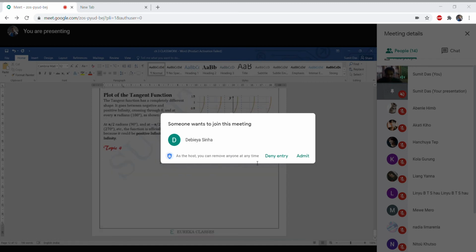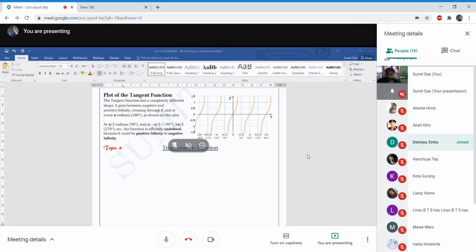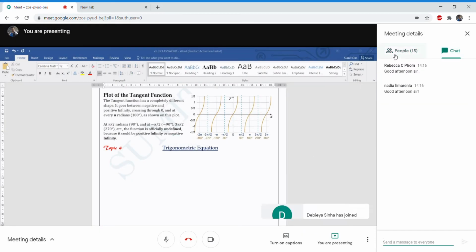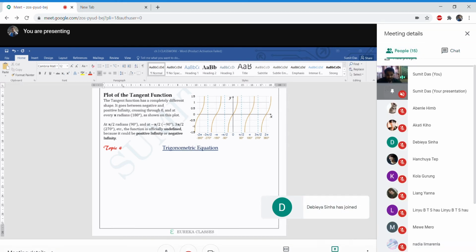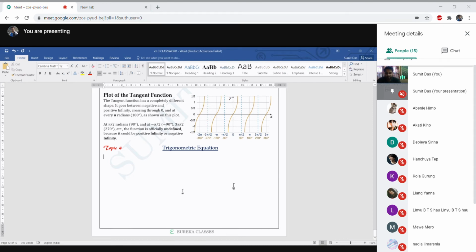Now today's class main topic is the trigonometric equation. Like other equations, like quadratic equations or cubic equations, there are also trigonometric equations.